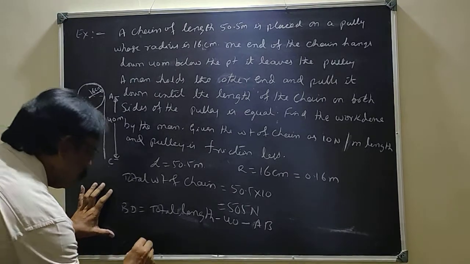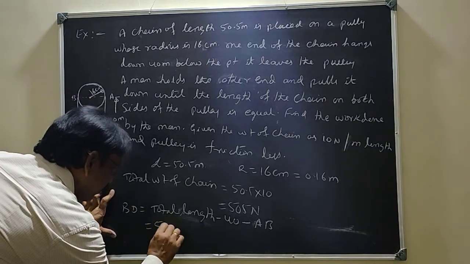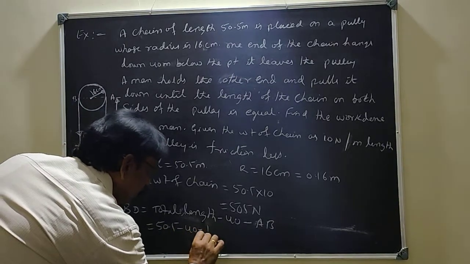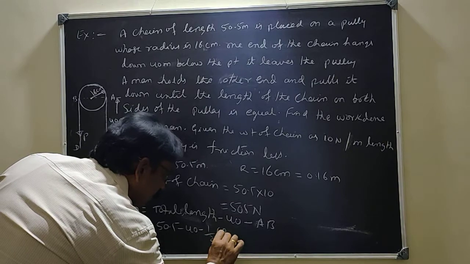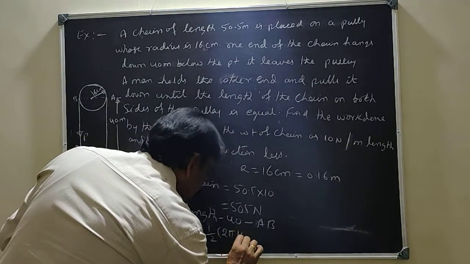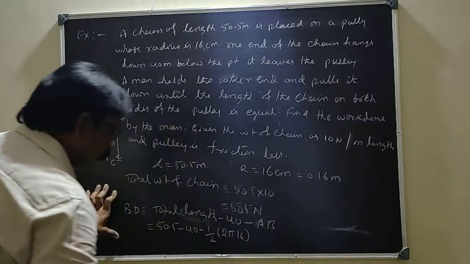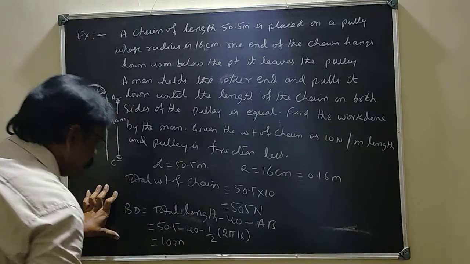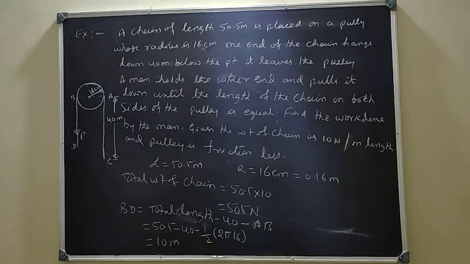So that is equal to 50.5 minus 40 minus half into 2 pi r, r is 0.16. So therefore you will get this length BD equal to 10 meter.